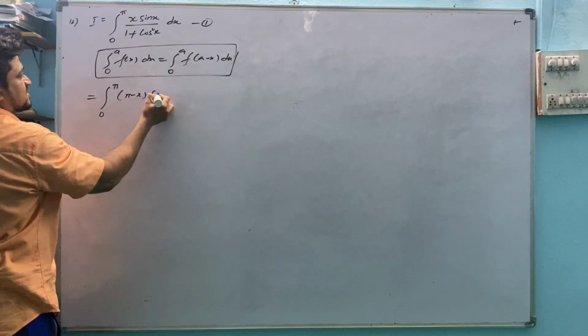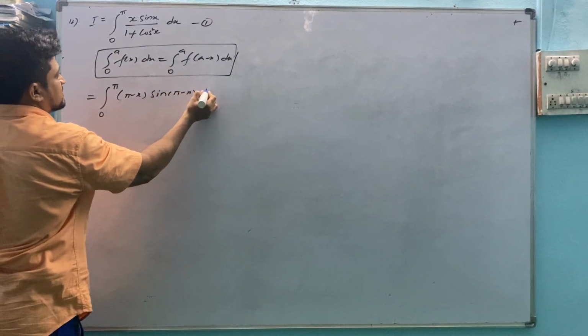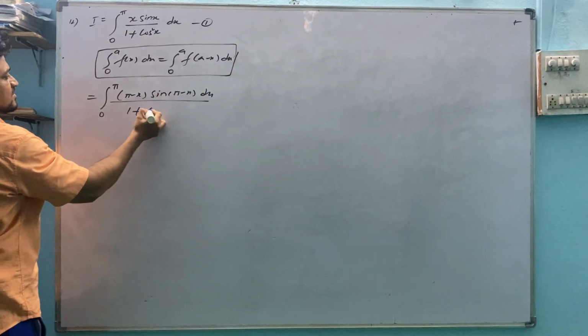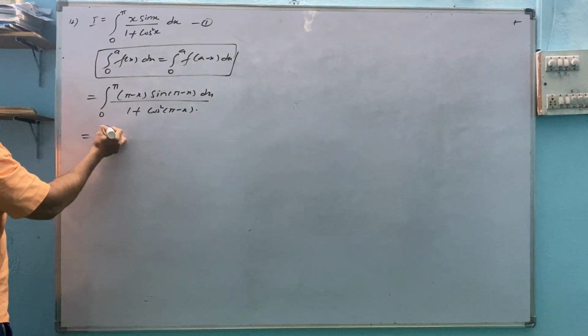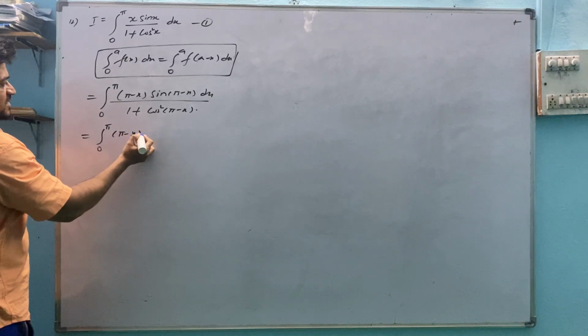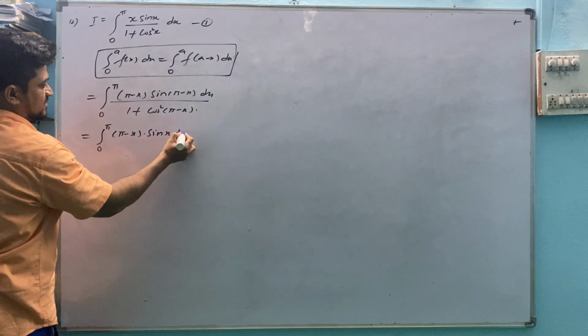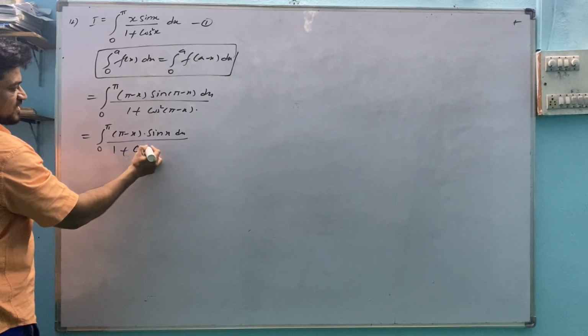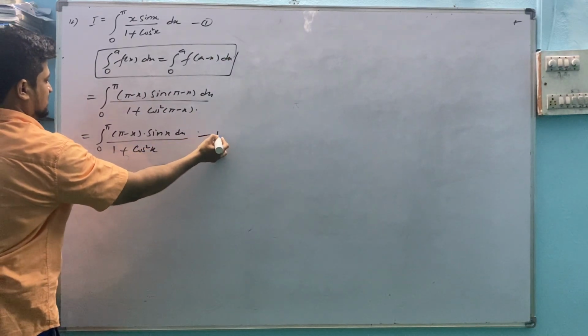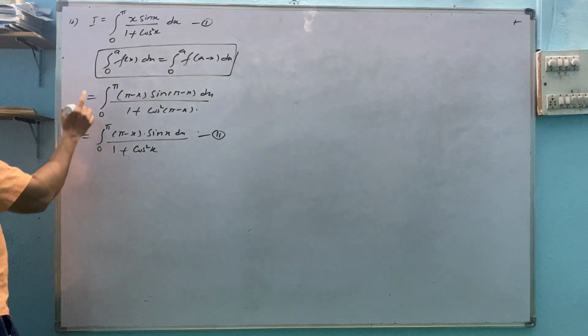So we get (pi minus x) sin(pi minus x) over 1 plus cos square(pi minus x). Sin of 180 minus is sin only. Cos of 180 minus is minus cos, but because square is there, you will get cos square. This is the second one; that was the first one.